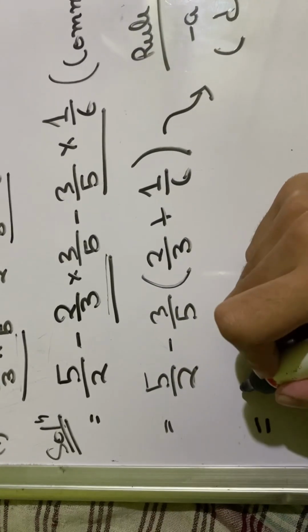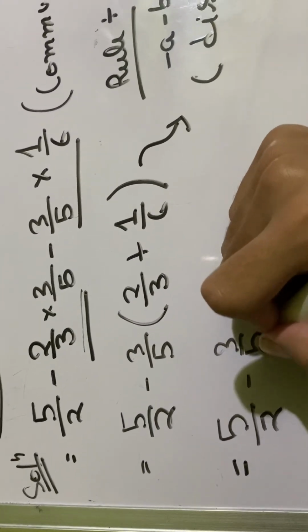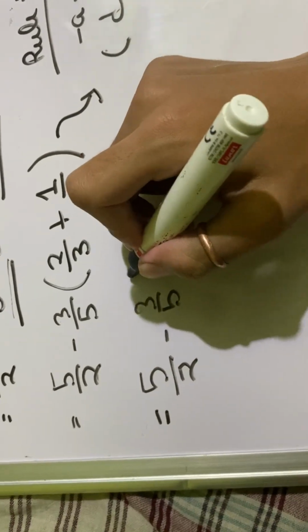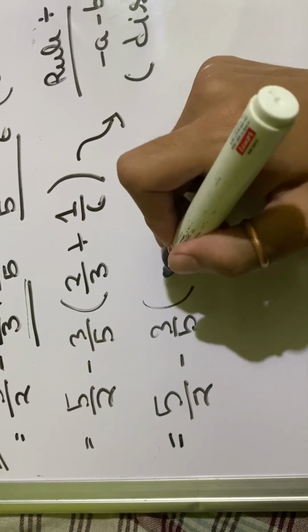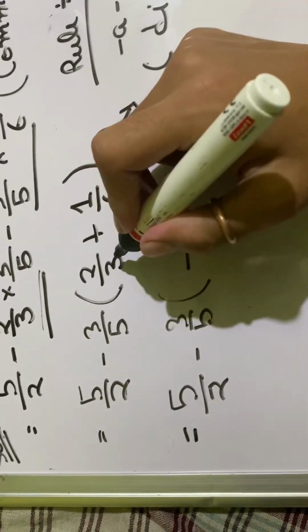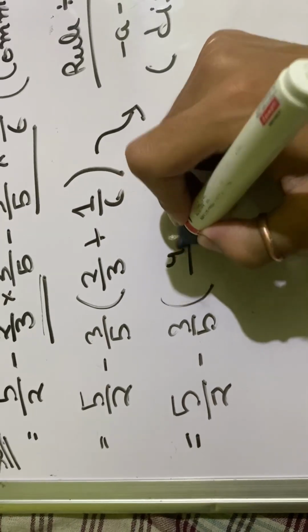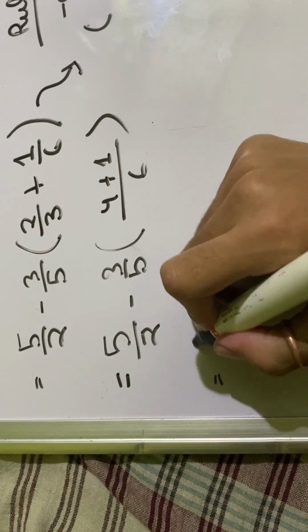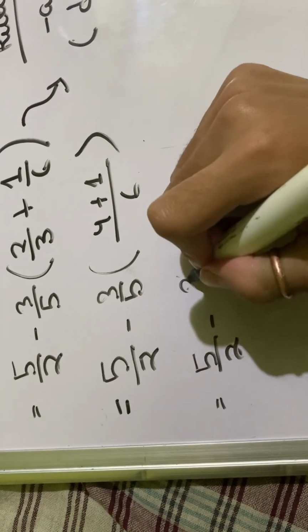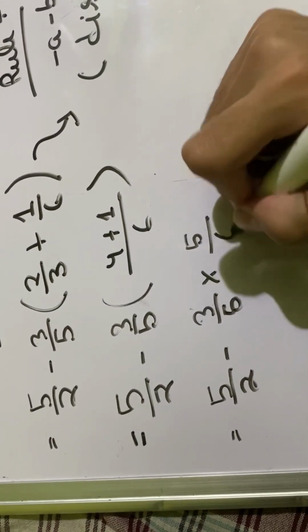Then after that write 5 by 2 minus 3 by 5, bracket, take common from these two terms, that is 6. Here it will come 4 plus 1, then 5 by 2 minus 3 by 5 into 5 by 6.